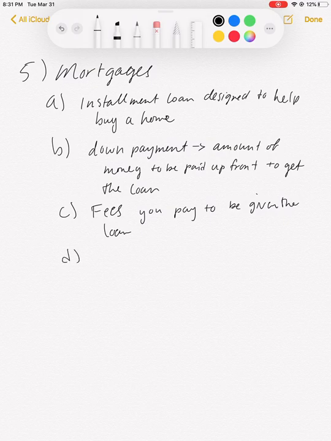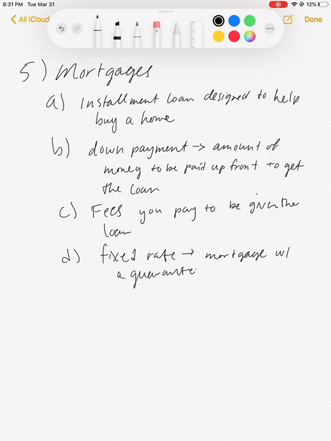Okay, what's a fixed rate mortgage? It's a mortgage with a guarantee that the APR will never change over the life of the loan.